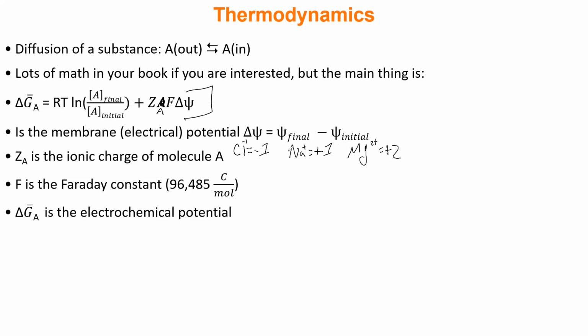Because that affects the thermodynamics. That affects the energy of movement. So we're going to use this equation to determine, is the movement of certain ions spontaneous or not? What is the total energy of movement for ions here? So let's take a look at this equation in action.